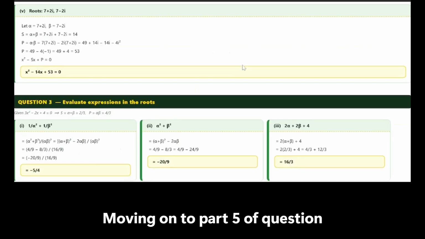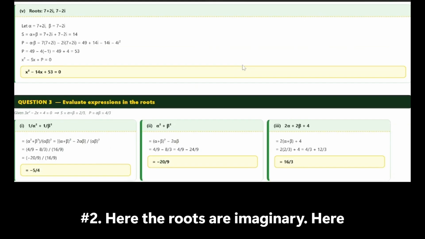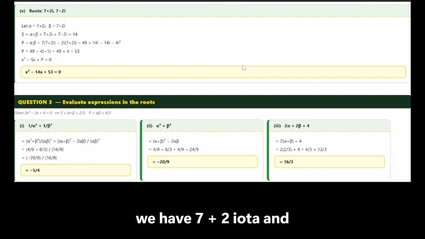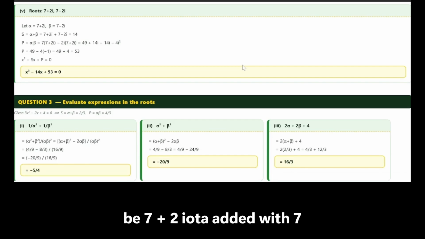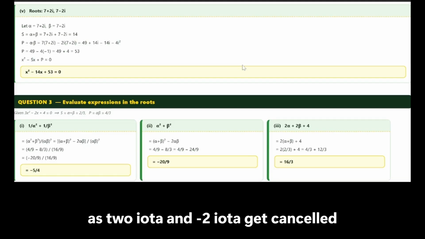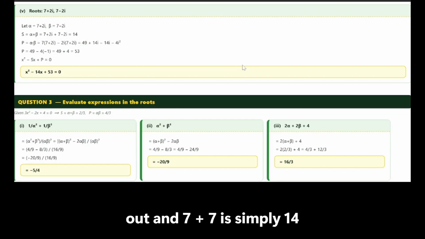Moving on to part 5 of question number 2. Here the roots are imaginary. Here we have 7 plus 2 iota and 7 minus 2 iota. Let alpha be equal to 7 plus 2 iota and beta be equal to 7 minus 2 iota. So the sum of roots will be 7 plus 2 iota added with 7 minus 2 iota, and that's equal to 14, as 2 iota and negative 2 iota get cancelled out, and 7 plus 7 is simply 14.